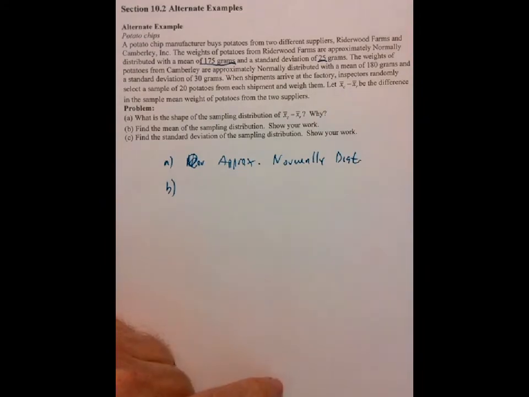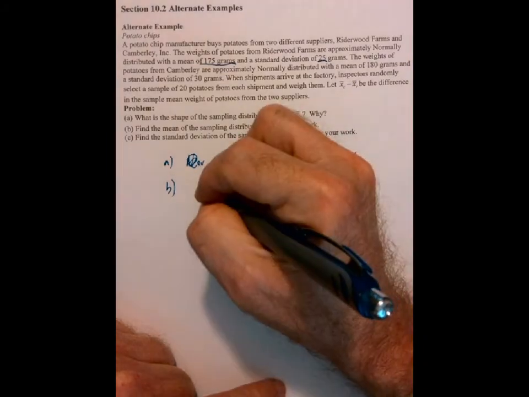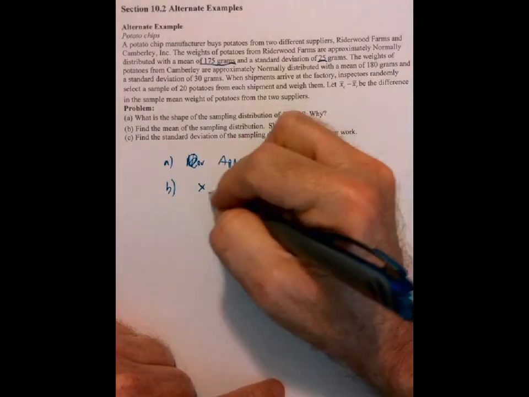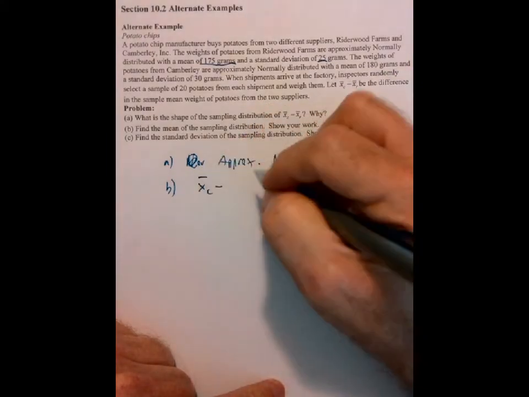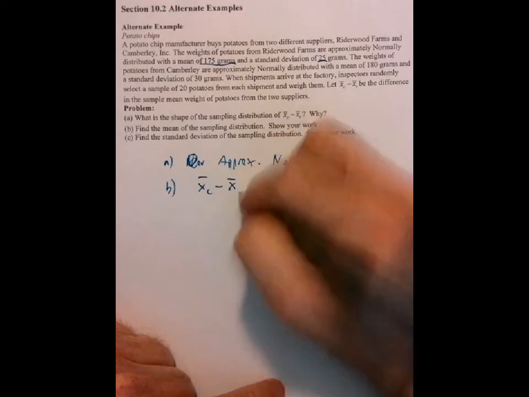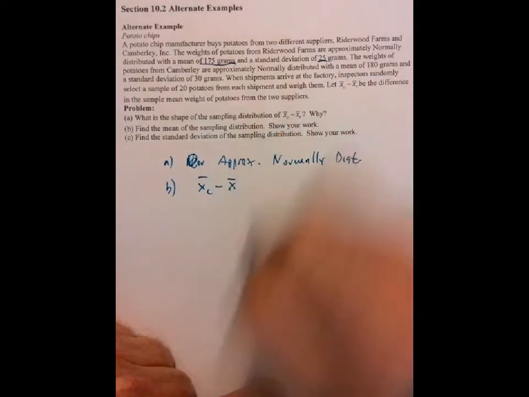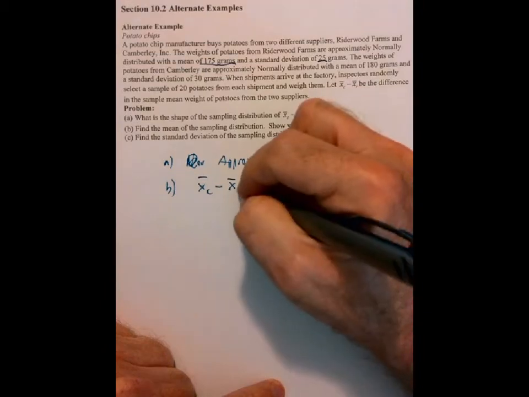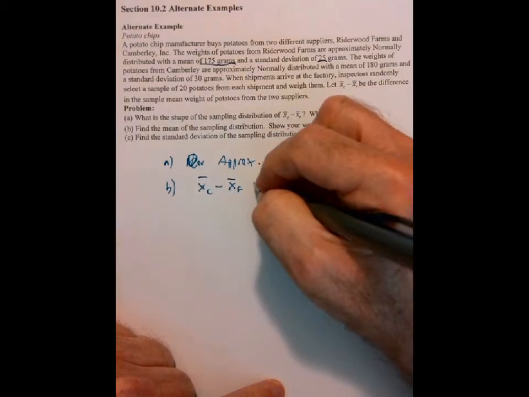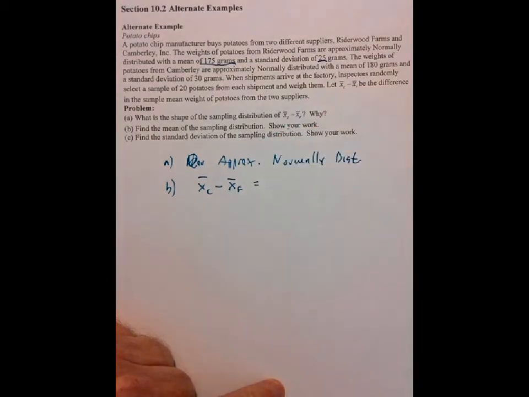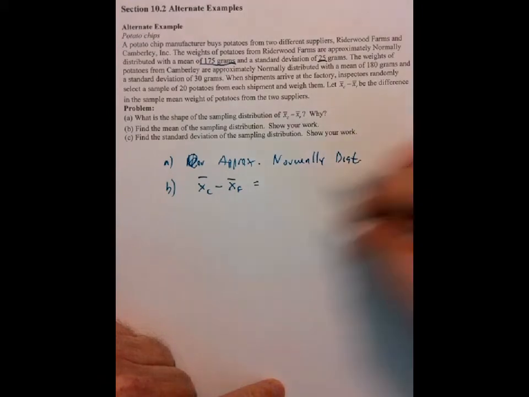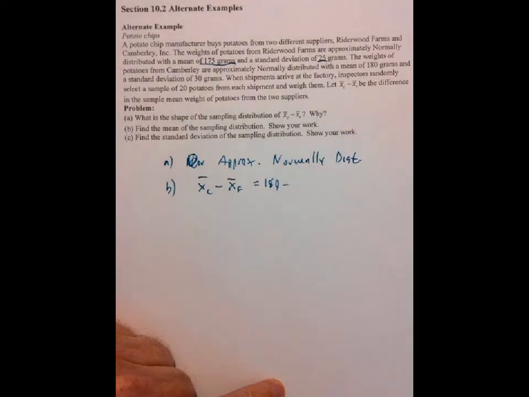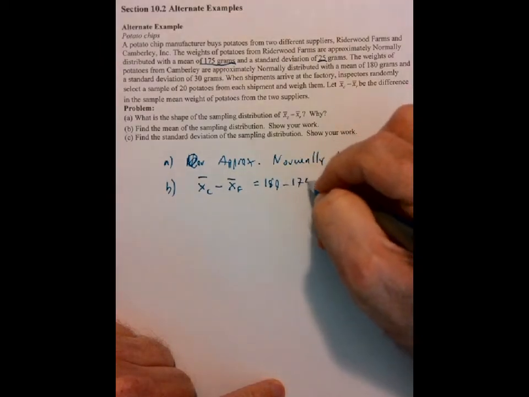Okay, well, this is X bar Camberley minus X bar Riderwood Farms, so that's where the F comes from. So that's equal to 180 for Camberley and 175 for Riderwood Farms.